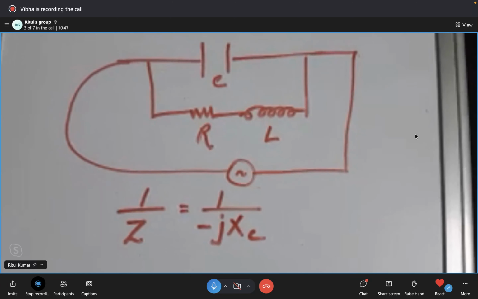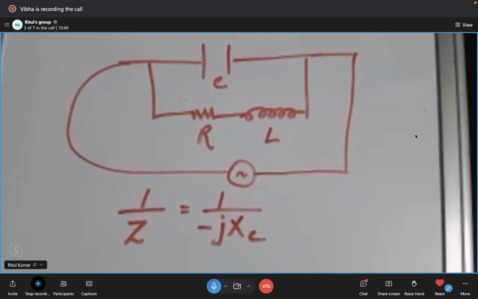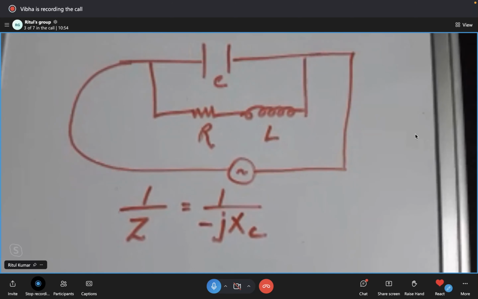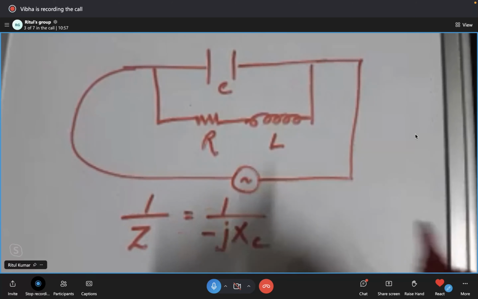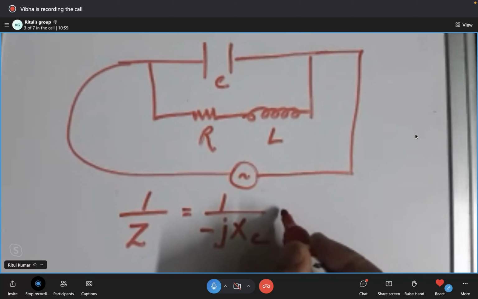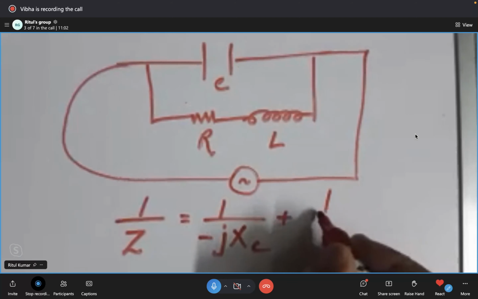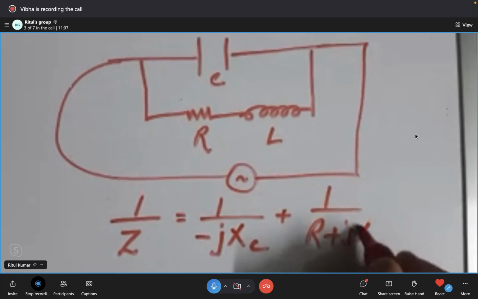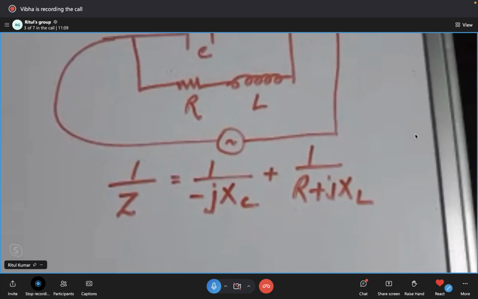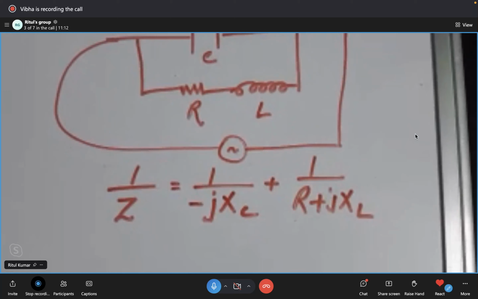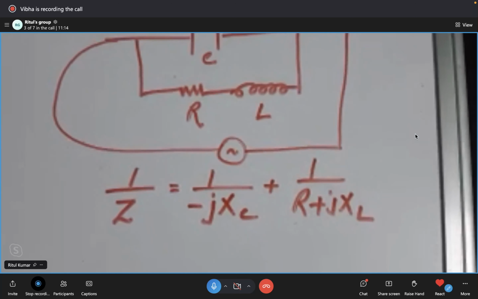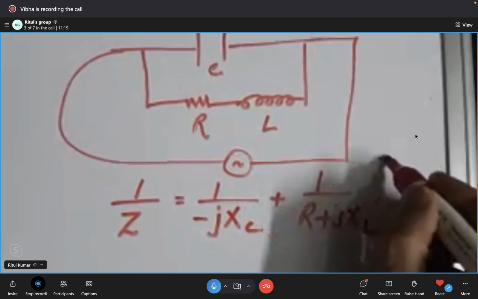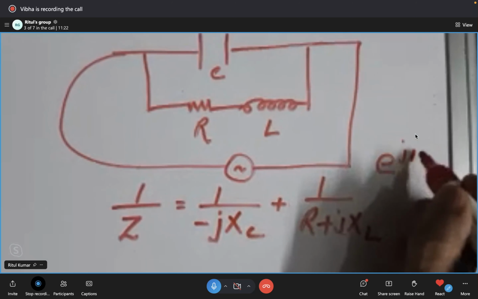So if one is taken clockwise, the other should be anti-clockwise. For the capacitor here, it is minus j. Then for the other component, what I should write is 1 by R plus j XL. Do you concur, Vasudev? So what is j again? j is e raised to the power j pi by 2, Vasudev.